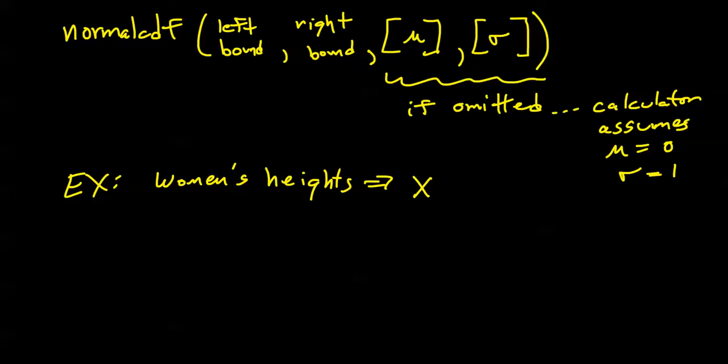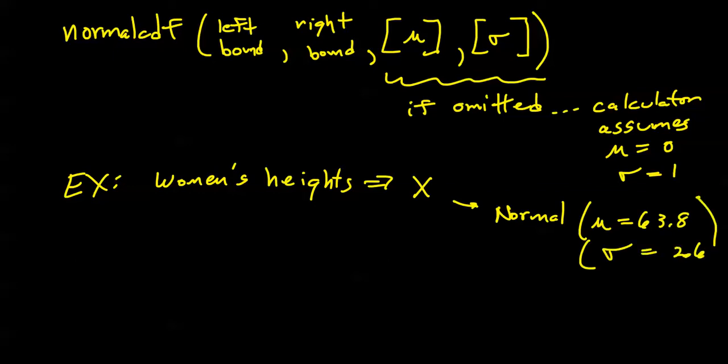And I'm going to claim that these women's heights are normally distributed with a mean of 63.8 inches and a standard deviation of 2.6 inches. And that sounds about right. 63.8, well, 5 feet is 60 inches, right? So a mean of 5 foot 3.8 inches and a standard deviation of 2.6 inches. That looks good.